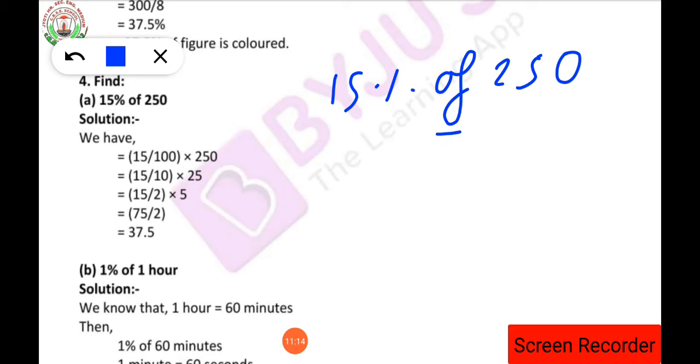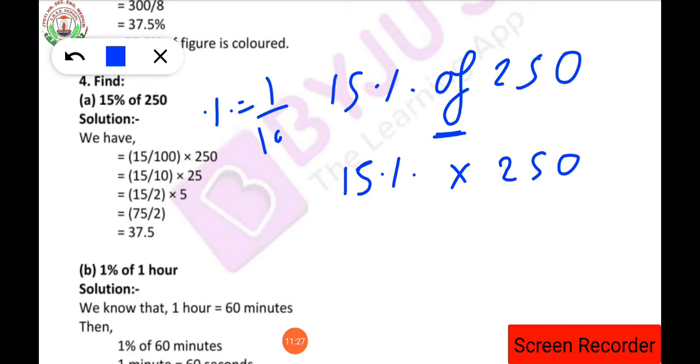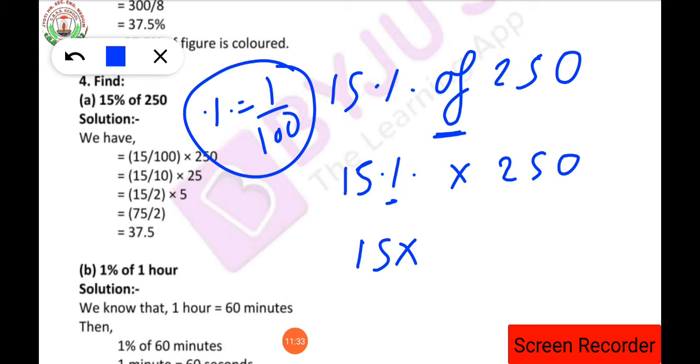As we know that "of" means the multiply sign will come, isn't it? So 15% into 250 will be there. Then this percent, we can write it as 1 upon 100. Percent is equal to 1 by 100, isn't it? So in place of percent, we are going to write 15 into 1 by 100.